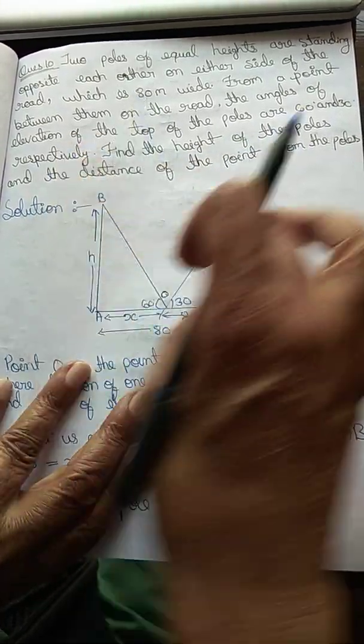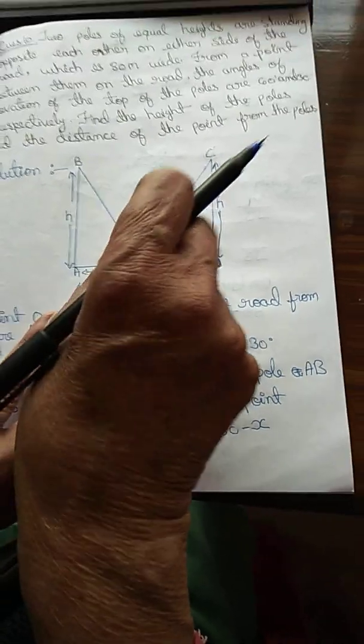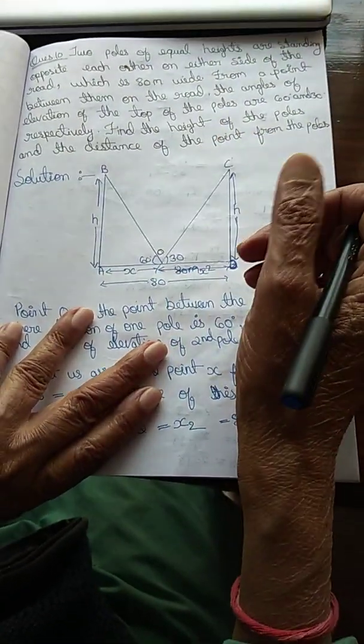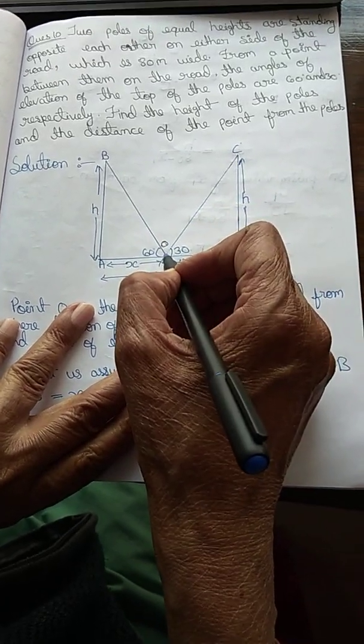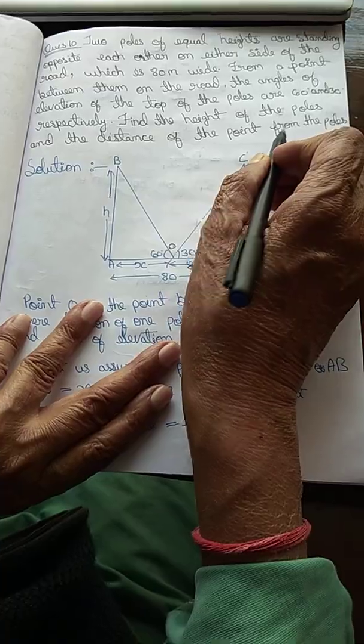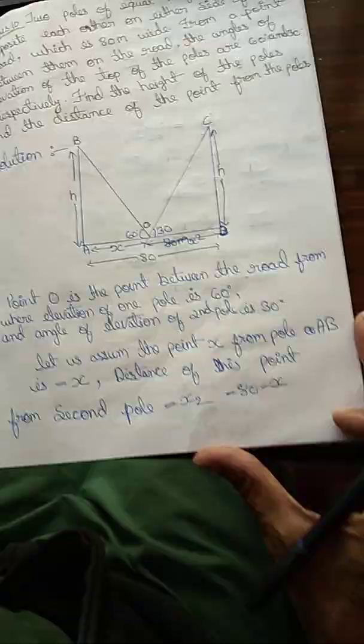We have to find the height of the pole and the distance of the point from the poles where the angle of elevation is measured.